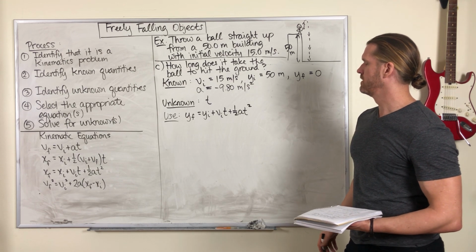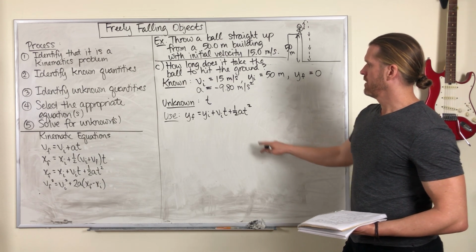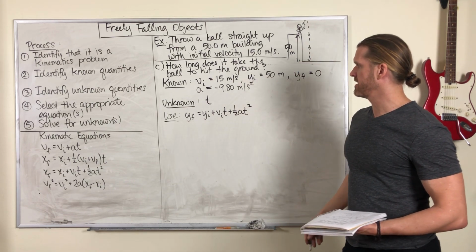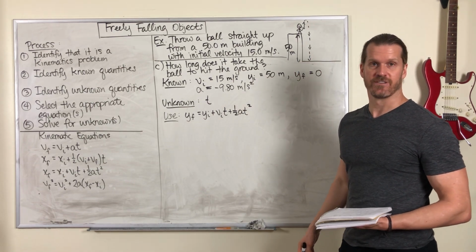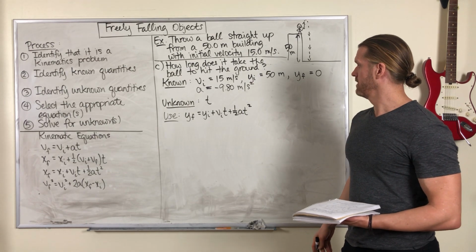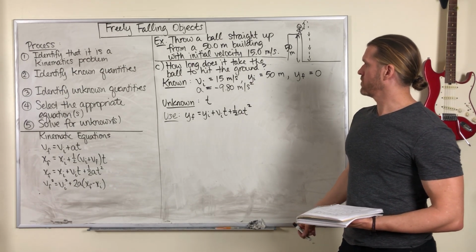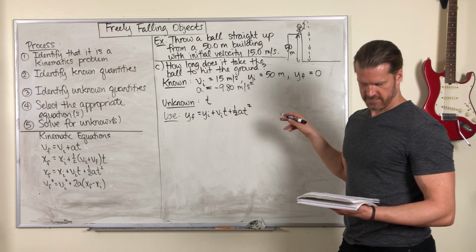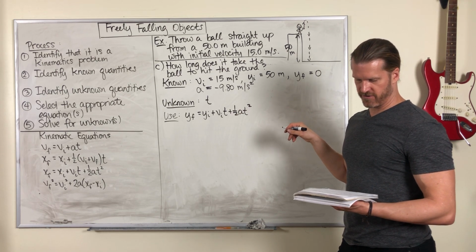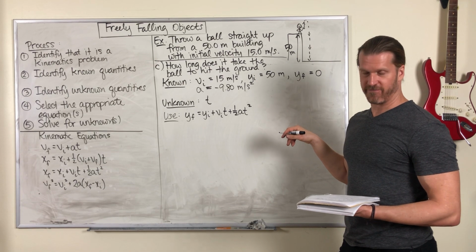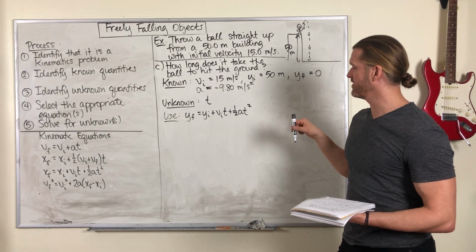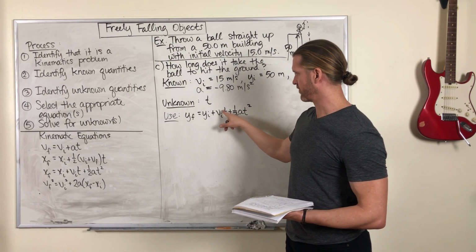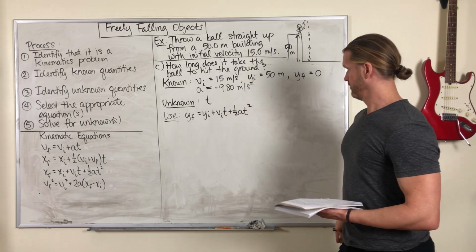Now, this equation is a quadratic equation for t. We used this equation for an earlier example, and we were able to avoid having to use the quadratic formula because the one time we used it before, we were able to cross out this v initial term.